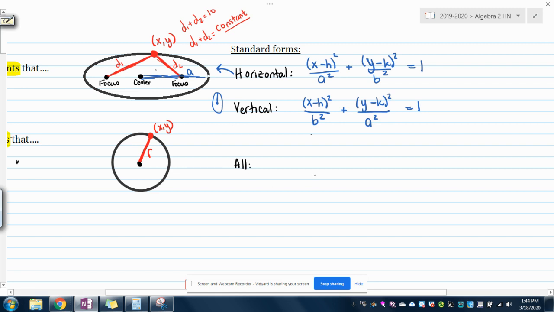So what is the standard form of a circle? It's going to be x minus h squared plus y minus k squared equals r squared, where r is your radius. So these are your three standard forms.